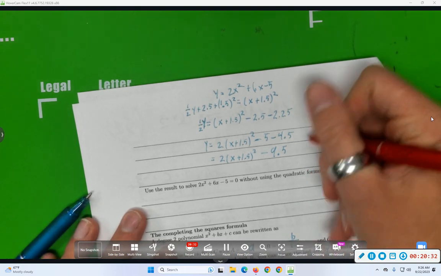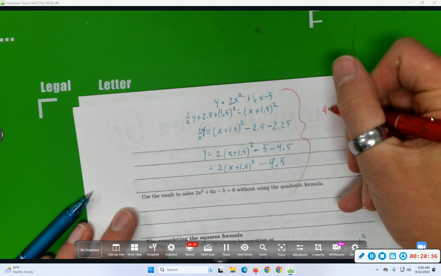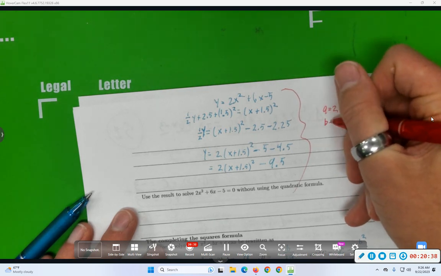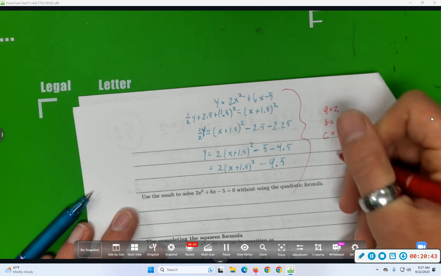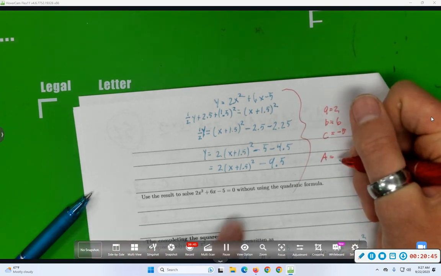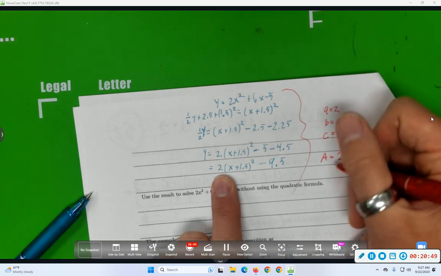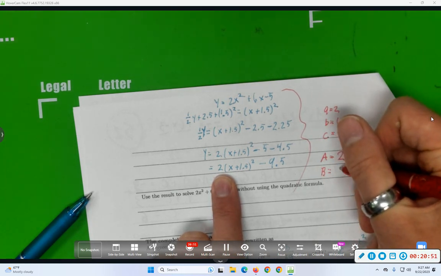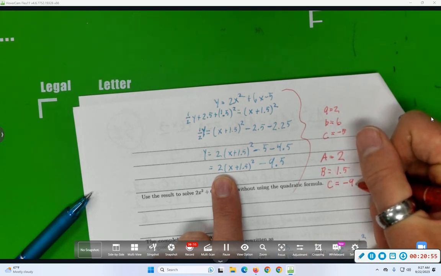So for this example, we had a equal to 2, b equal to 6, c equal to -5. We computed big A to be 2, big B wound up being 1.5, and big C wound up being -9.5.